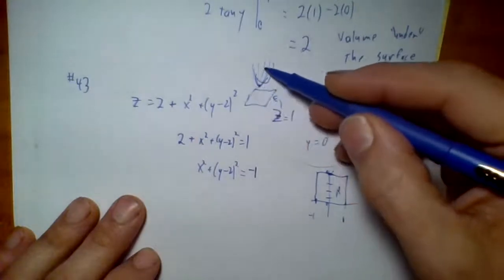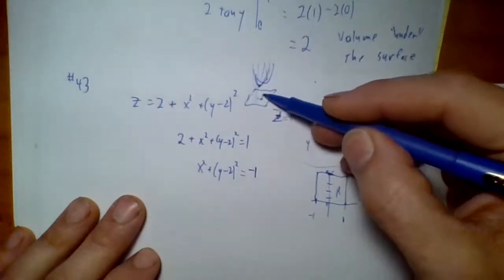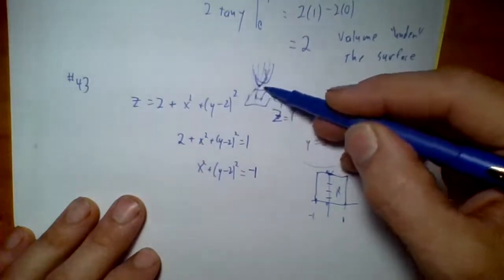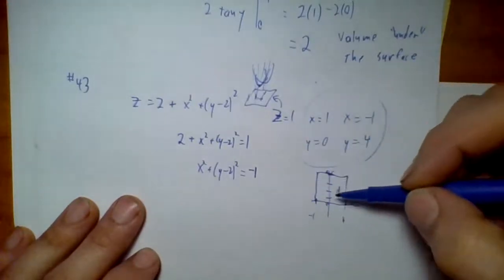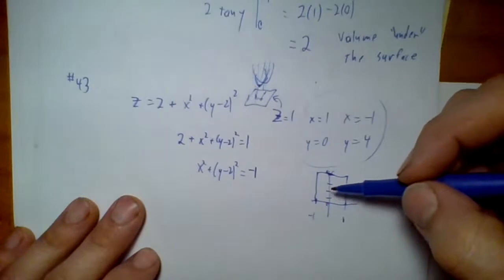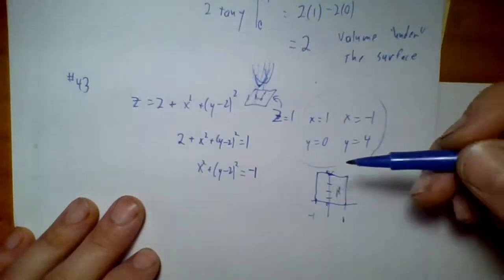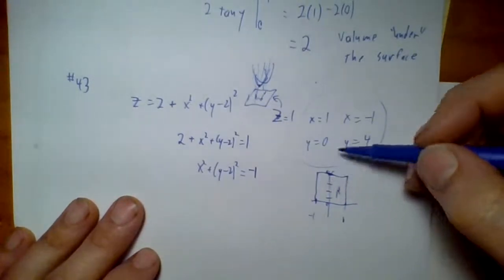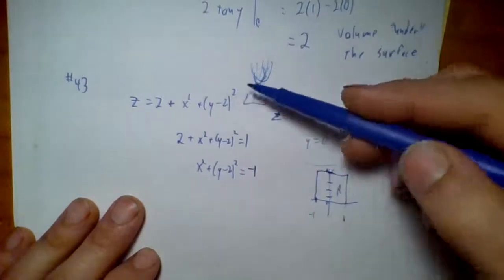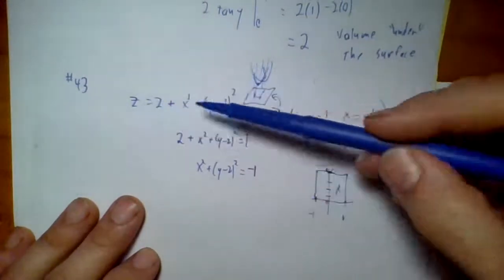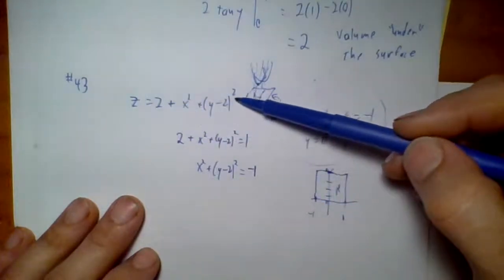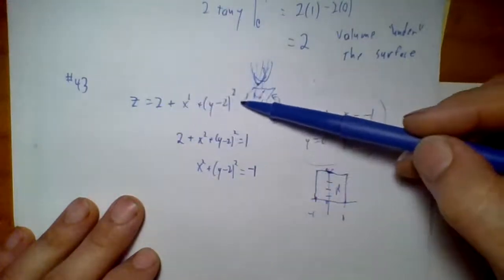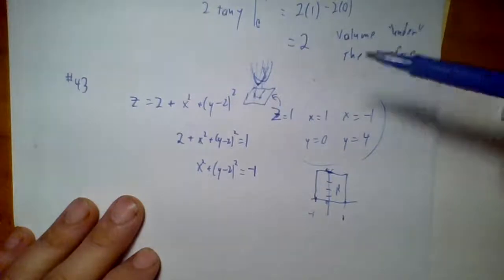So we're talking about a volume above this plane up to that surface with no intersection point. So it does cover this whole region, but the volume between them would just be the top minus the bottom. So over this region, I have to integrate this function minus this function. That would be the top boundary of my volume, and this would be the bottom boundary of the volume.